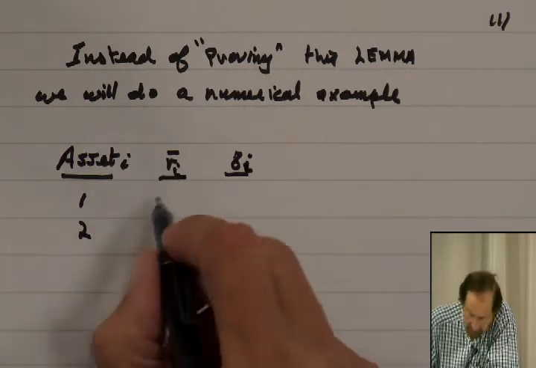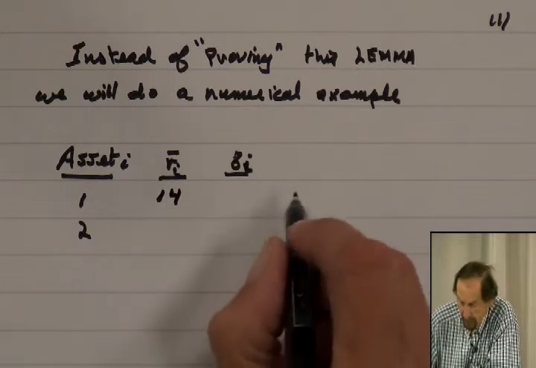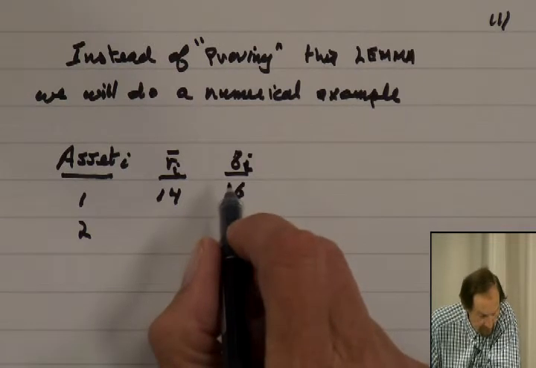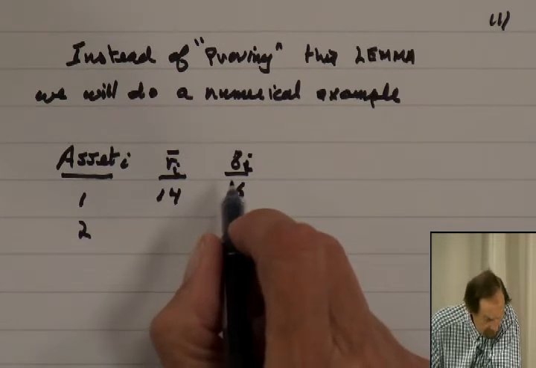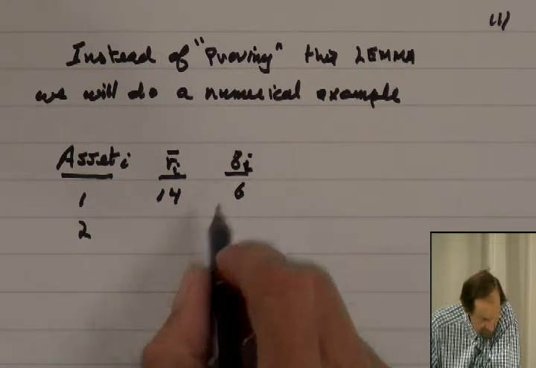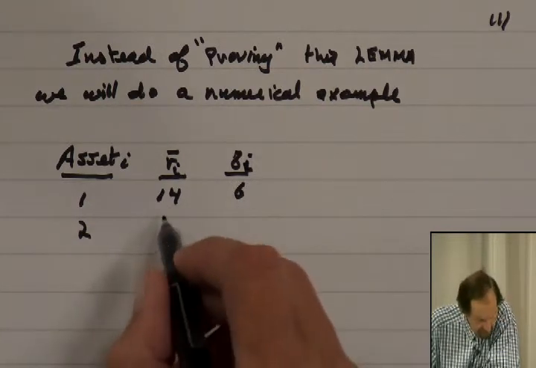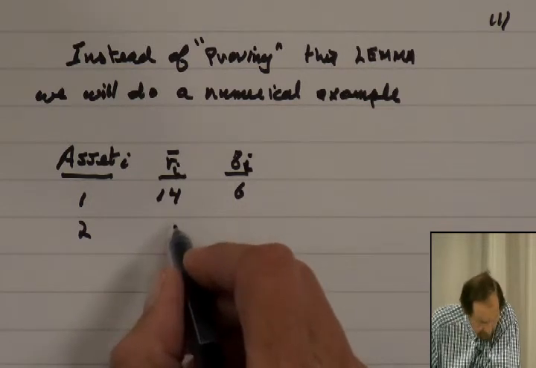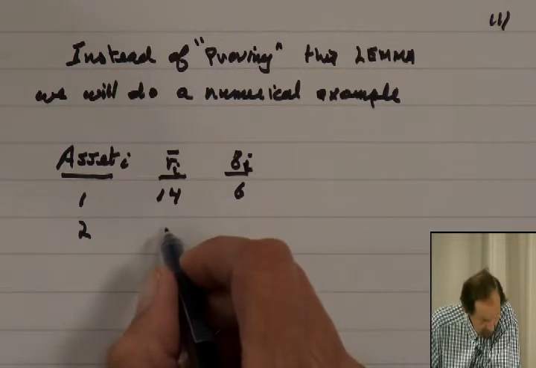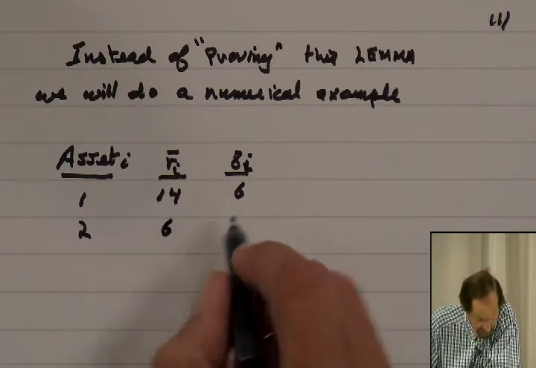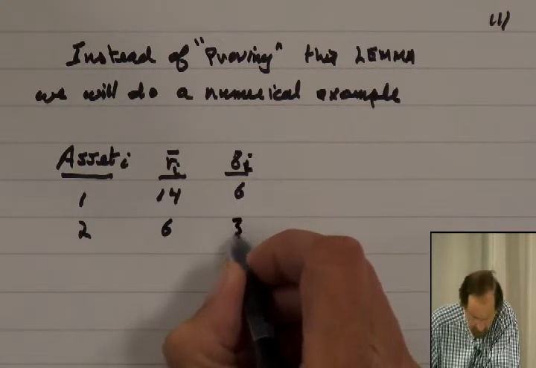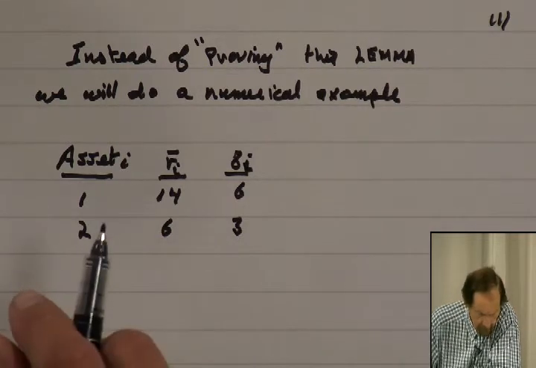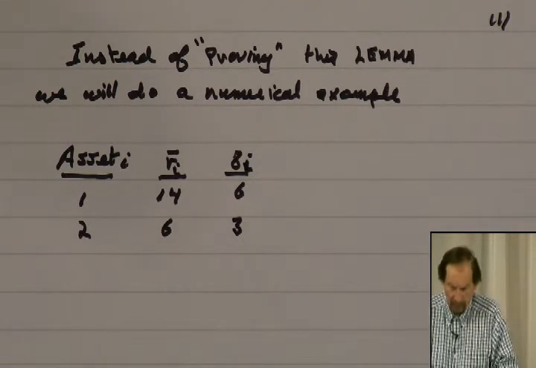For the first asset, we have an expected rate of return of 14 and a standard deviation of 6. And for the second asset, we have a rate of return of 6 and a standard deviation of 3. Okay, so we have these two.